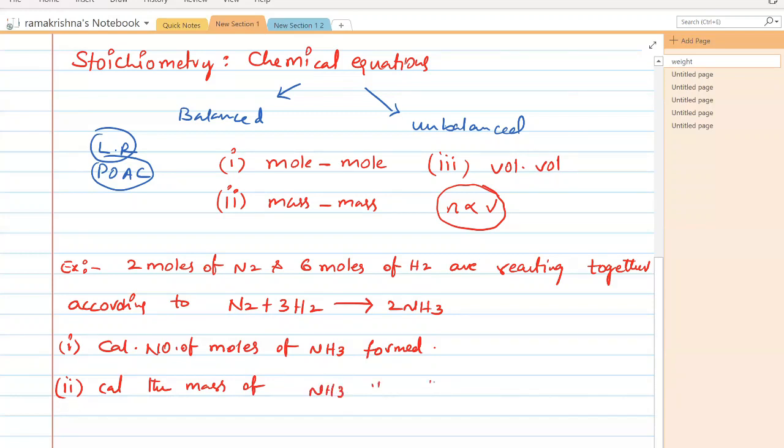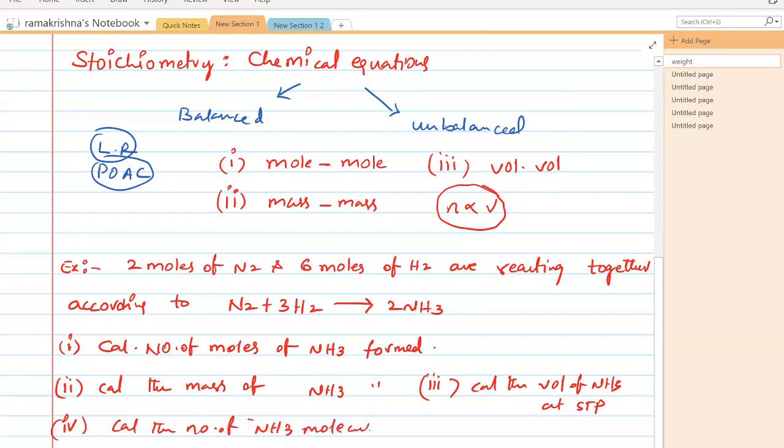And third question, they can ask, calculate the volume of NH3 formed at STP. And fourth question, they can ask, calculate the number of NH3 molecules formed in the above reaction.